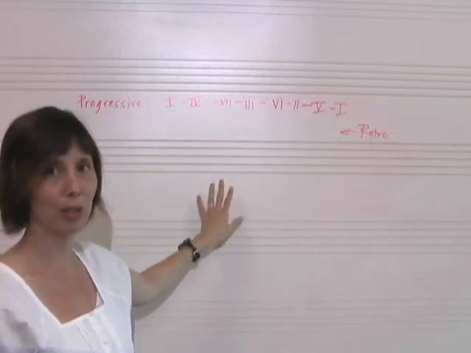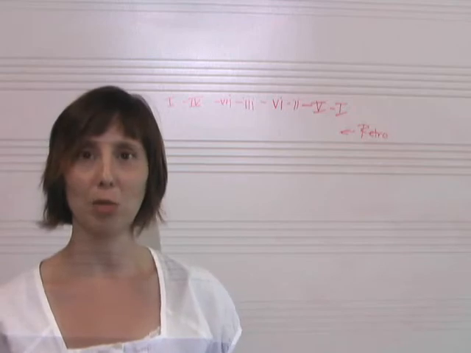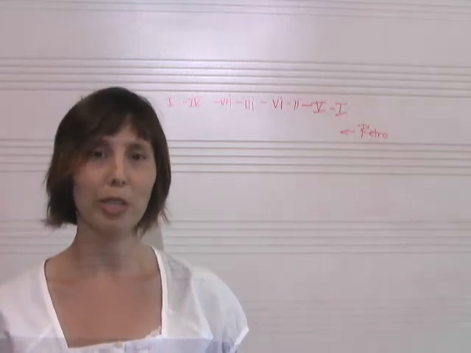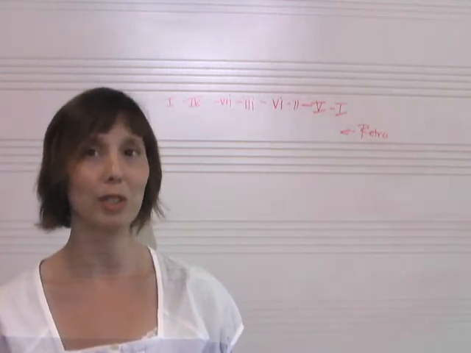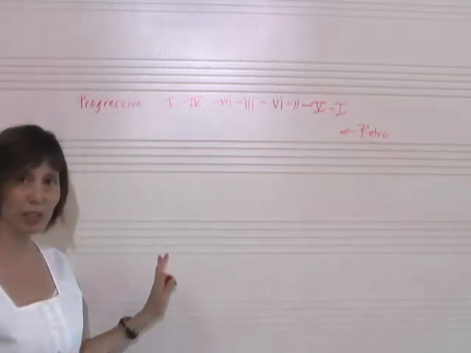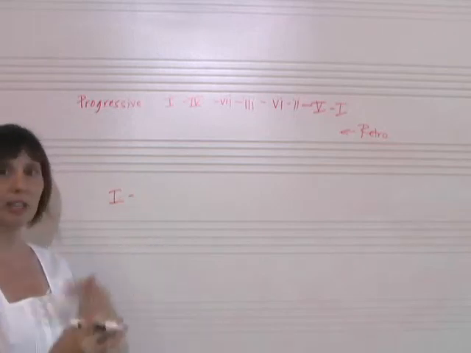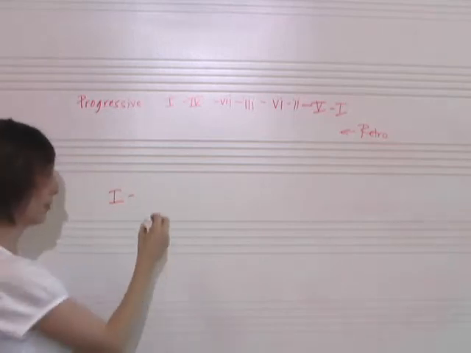Another way to think about it is to think that different chords within a key have different jobs to do. And that's probably the easiest way for you as fundamental students to think about it. So, usually we think about the tonic as being sort of like home base.